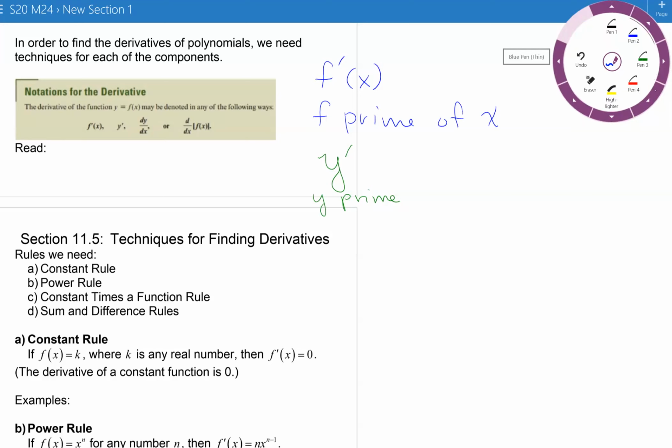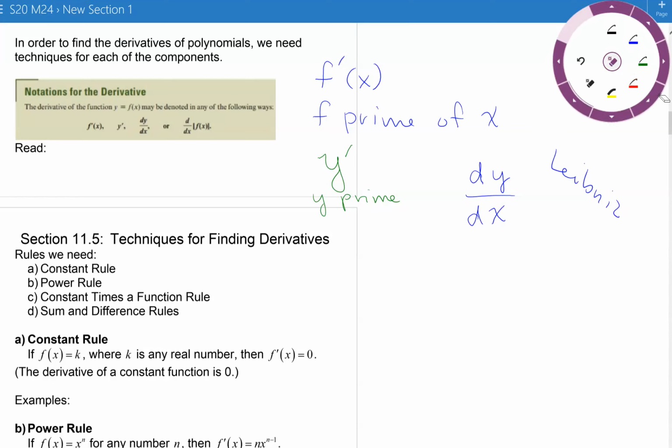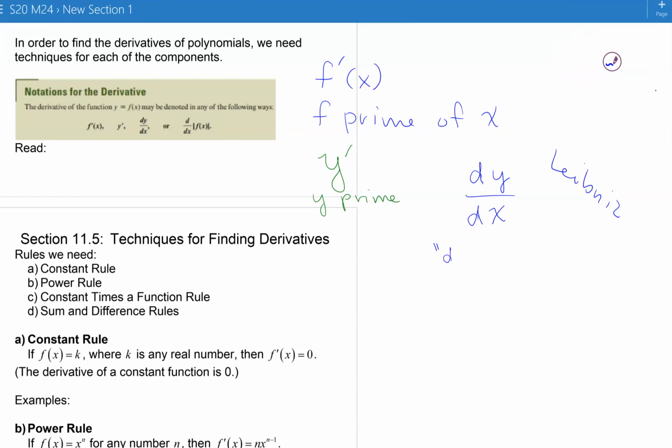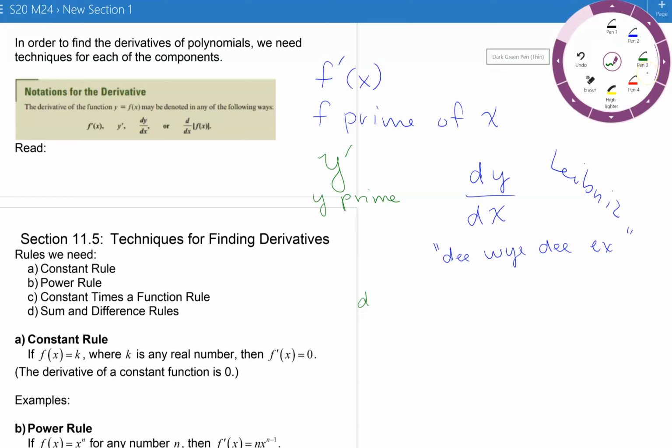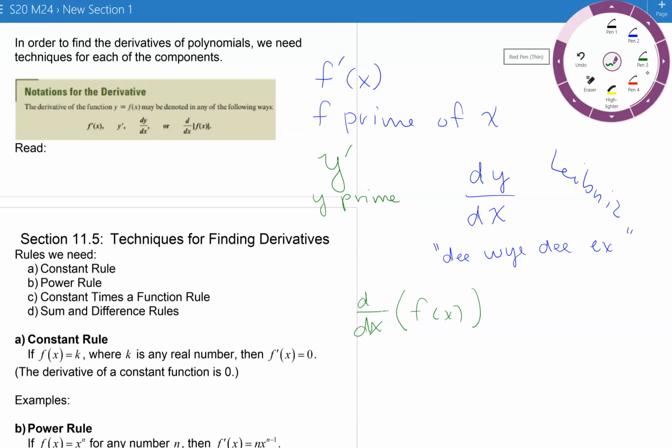And then if your function's name is y, its derivative would be y prime. Then we have another notation that's called Leibniz notation, and it says dy dx. This is courtesy of Leibniz. Oops, he doesn't have an E on the end of his name. And you read this dy dx. Then this last notation says if I do the derivative notation first, it still means the same thing.